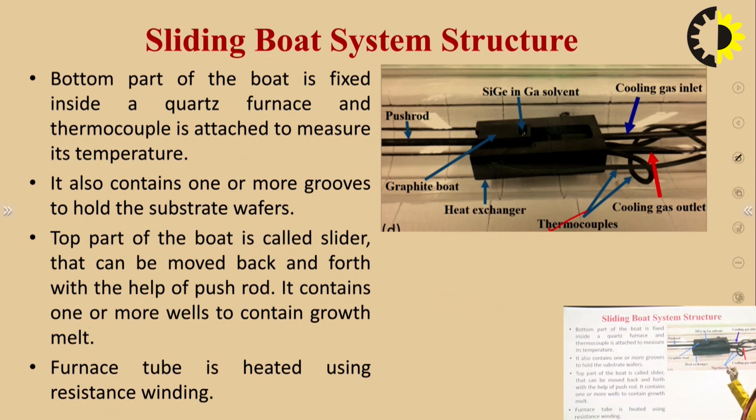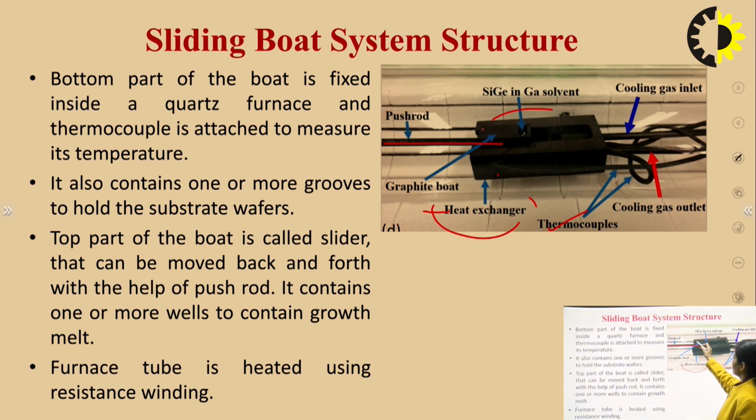This is the actual figure of the sliding board system. We can see here the push rod. This is the push rod. This is the heat exchanger. The heat exchanger is the arrangement for heating the whole system, because a proper ambience is required for the deposition. This is the graphite board.